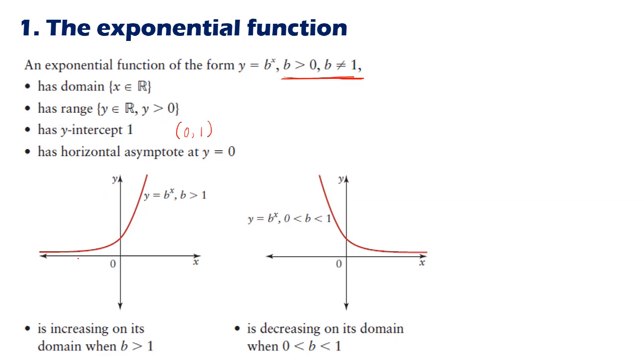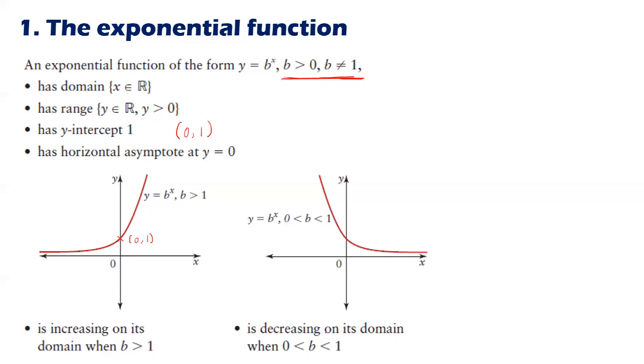There are two types of graphs for exponential functions depending on the value of b. If the base b is greater than 1, this function will look like the graph on the left side, which is increasing on its domain and crosses (0, 1).